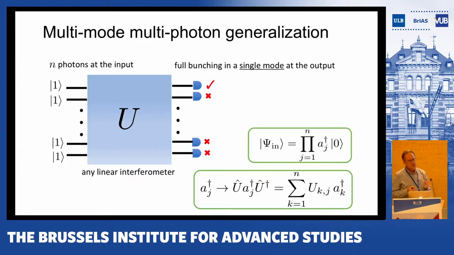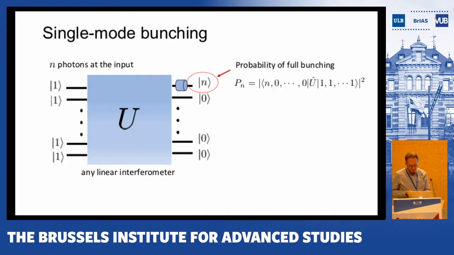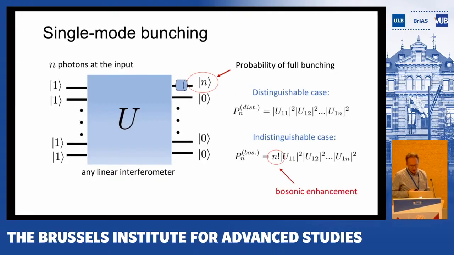And we are interested in the outcomes where they all emerge into the first output mode, and all the other output modes are empty. So this is very simple to analyze. In that case, you have to compute the probability that you can see here, right? The probability of this overlap, where you have n photons in the first output mode and nothing in the others. And again, this is all very simple to compute.